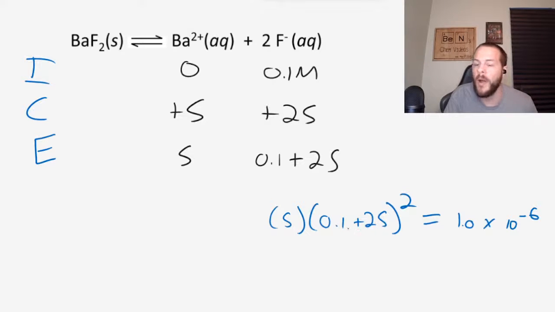So we're adding it to 0.1. I think that this value of s is very, very small compared to 0.1, and so therefore I'm just going to omit it from this equation here because it's so small, right? It's like stepping onto a scale with a penny in your pocket. The reading on that scale is probably not going to be different whether you have a penny in your pocket or not, right?